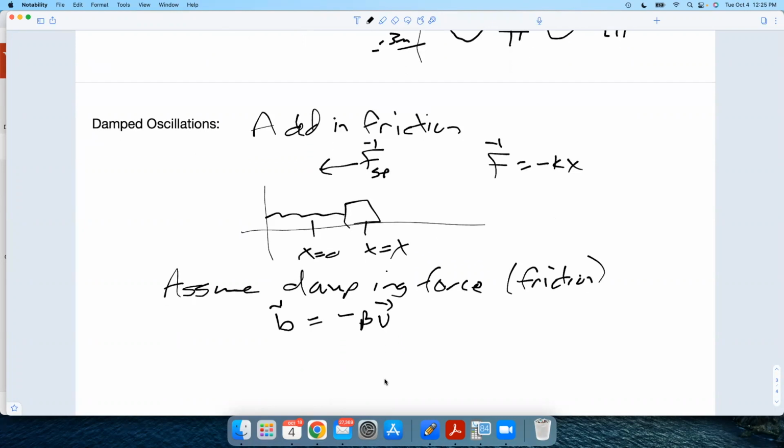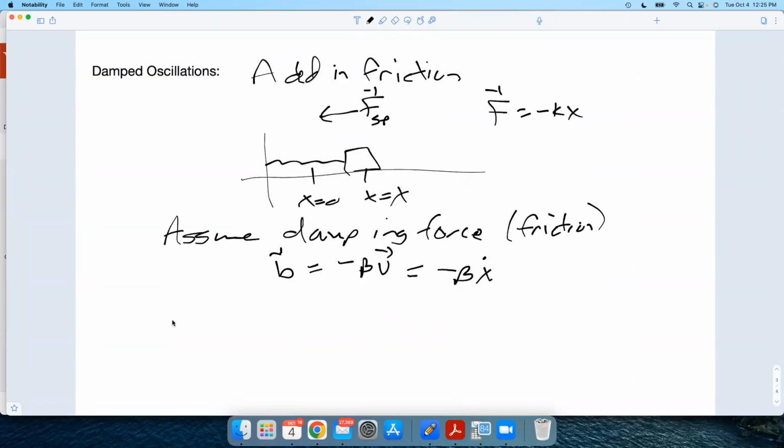So friction in this assumption is going to point in the opposite direction from which you're moving. If you're moving to the left, friction is going to be positive and point to the right, because that's what friction does. It tries to slow you down, change your speed. So friction points in the opposite direction of the velocity vector. But velocity, we know that's just the first derivative with respect to time of position.